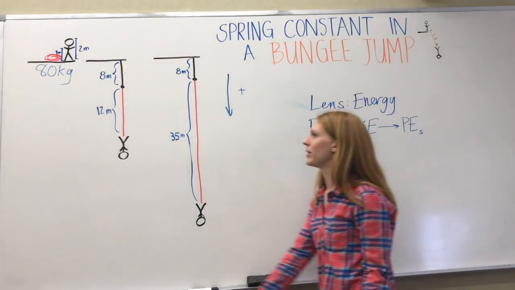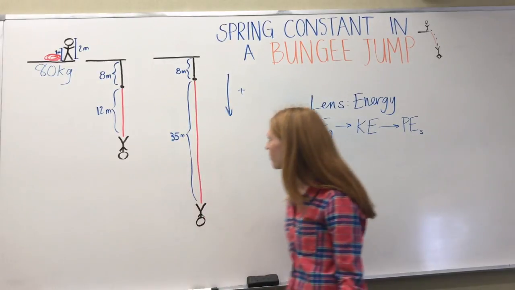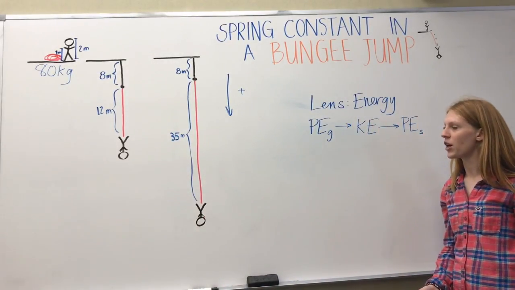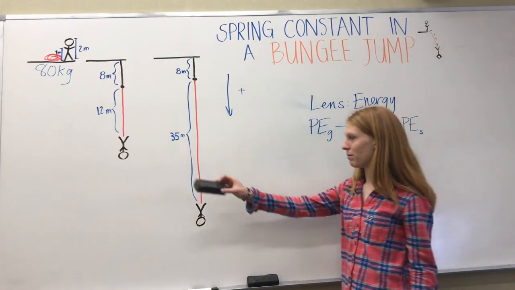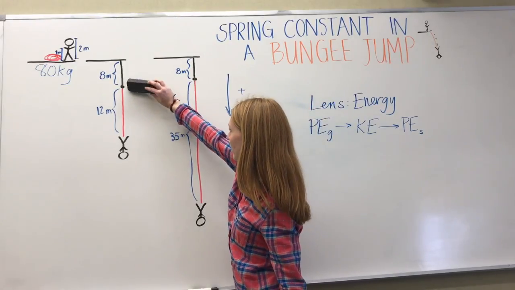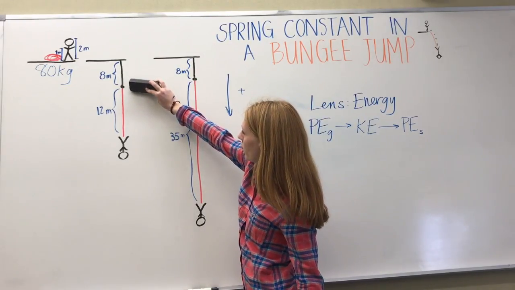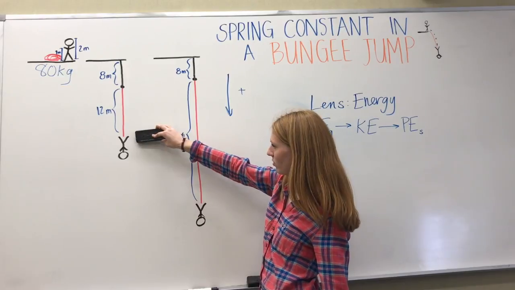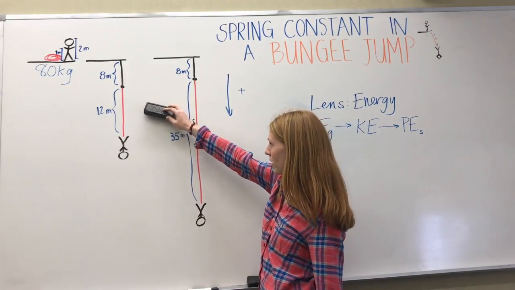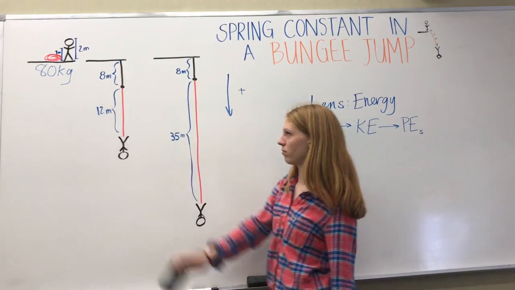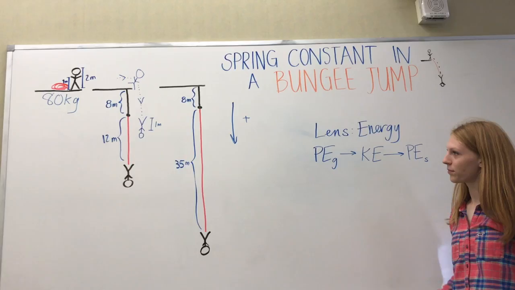And for this bungee jumper, we decided his mass is 80 kilograms. So now we're going to find the gravitational potential energy when the bungee jumper is at this point, when the bungee has not started to tighten, but he's fallen so that the rope is straight.